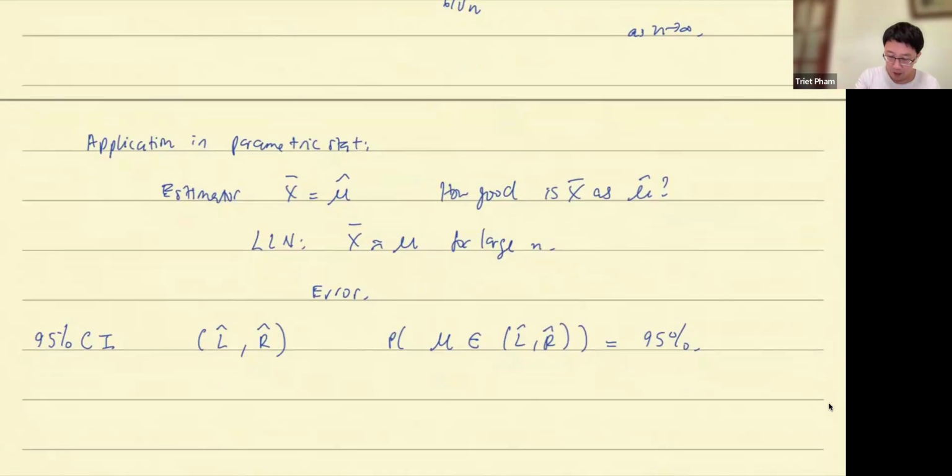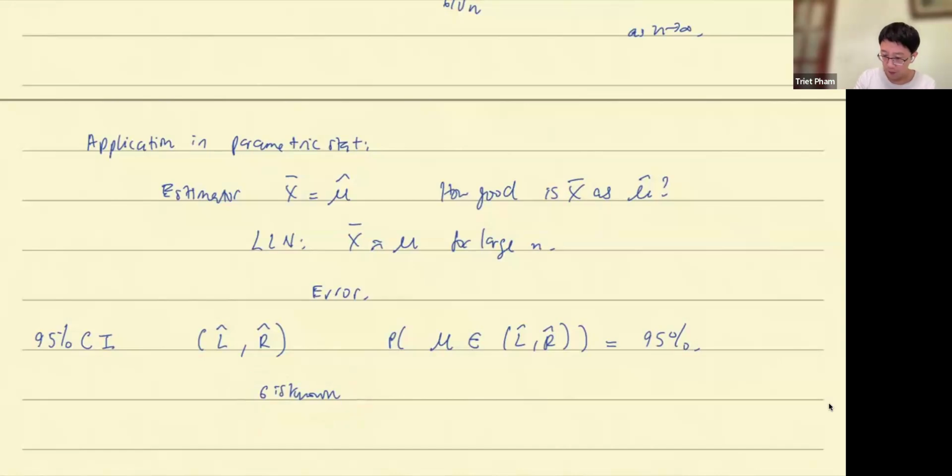You may have seen this. Let's assume that sigma is known, because if sigma is unknown, then we need to throw in the sample variance, the sample standard deviation, which we don't need to go into. Suppose that the population standard deviation is known.